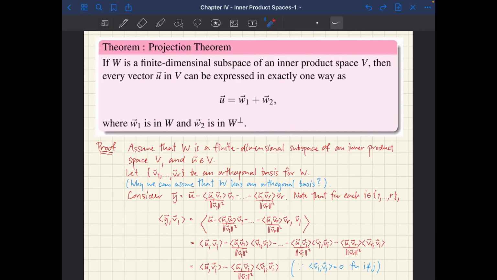So we let the set v1 to vr be the basis for W, but we will add some condition to this basis: we assume that this basis is an orthogonal basis for W. From our assumption, we have a question: why can we assume that W has an orthogonal basis? I will not give you the answer now.